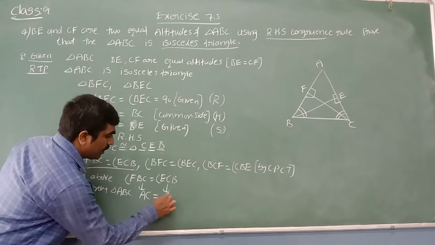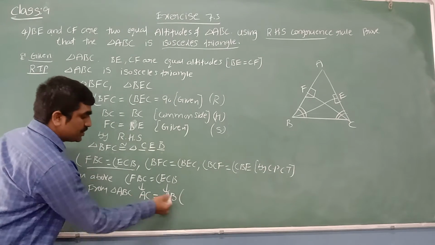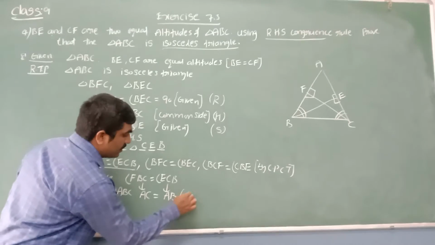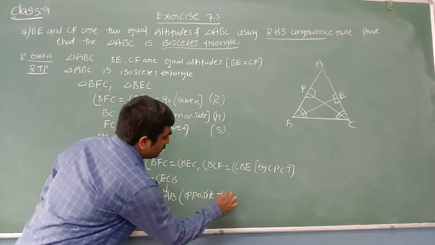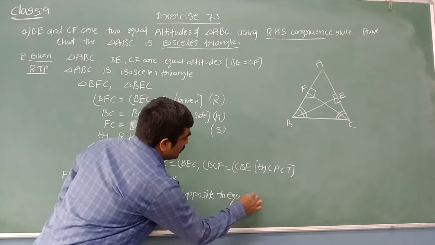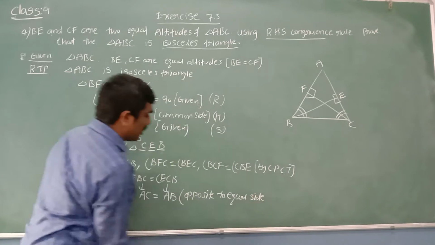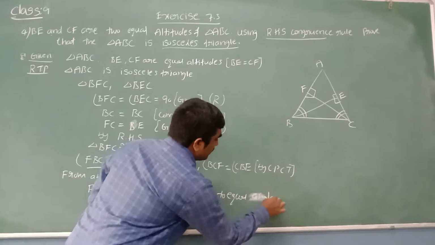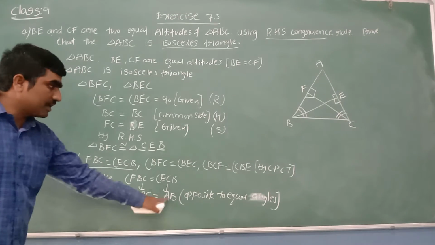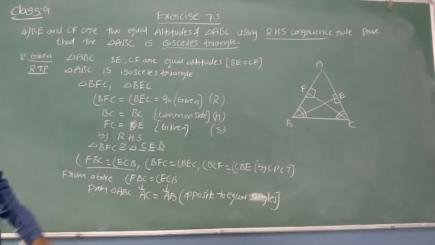We can write AB. What is the reason? These two are opposite to equal angles. So sides opposite to equal angles are equal. Two sides are equal.